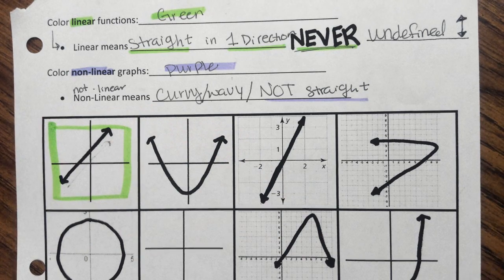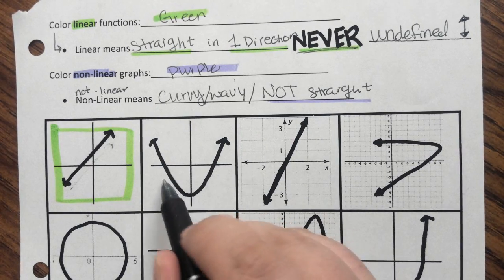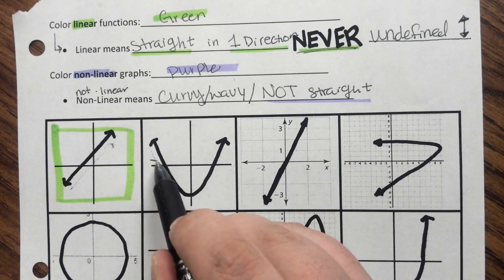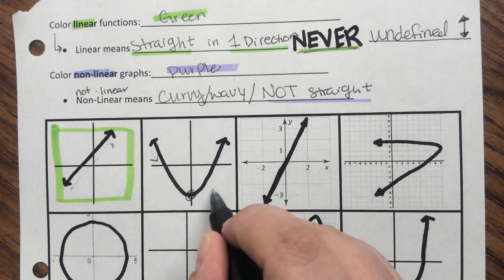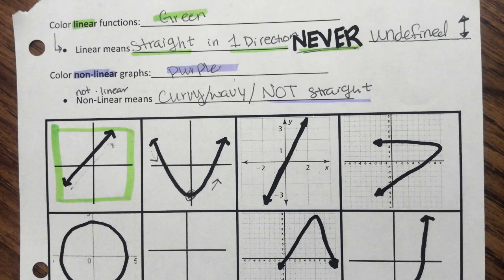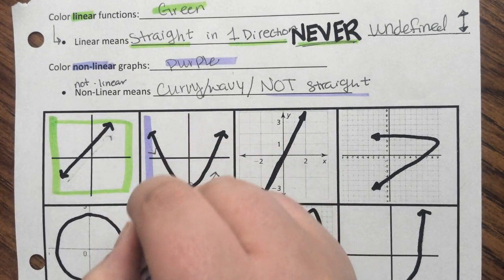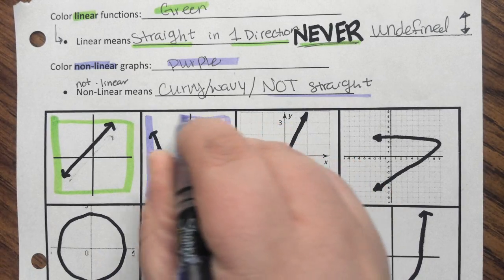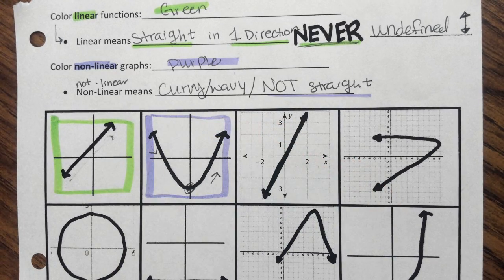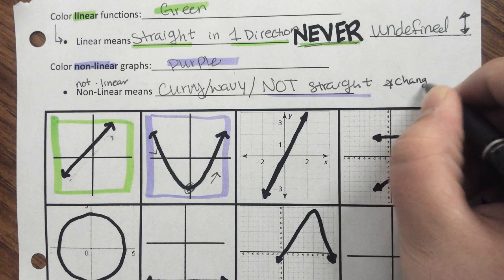This second one is clearly not straight. You can see that if you were to trace it, you'd be going down, you'd change directions right here, and then be going up. Since it's not a straight line or it changes directions, I'm coloring it purple. You might make that note, it could change directions.